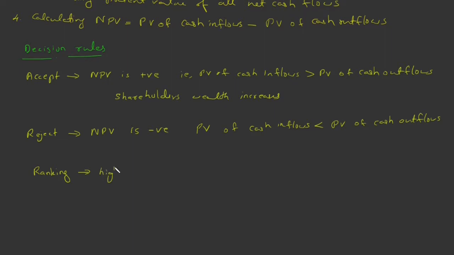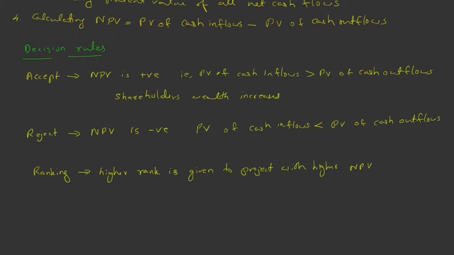Higher rank is given to the project with a higher NPV. So in this case, a higher ranked project is accepted as NPV is more for that project than other projects. So we can take a decision of whether to accept or reject a project by calculating NPV.